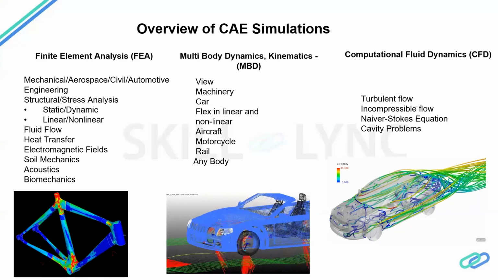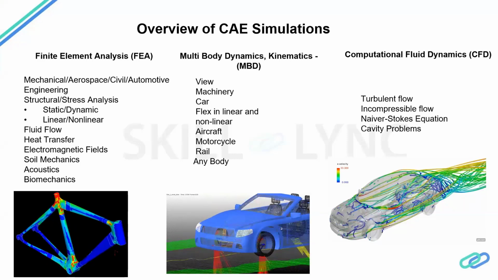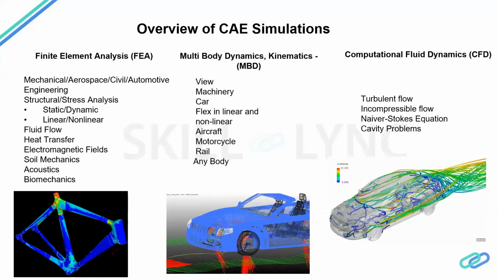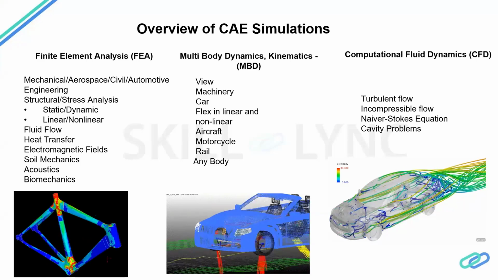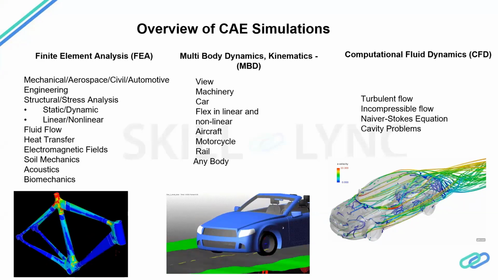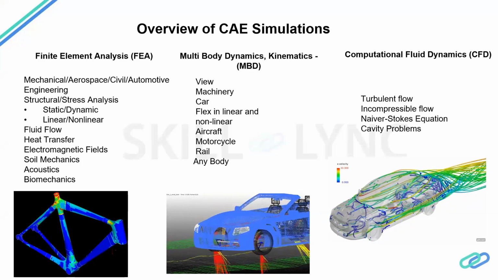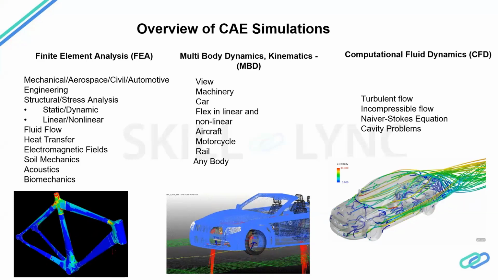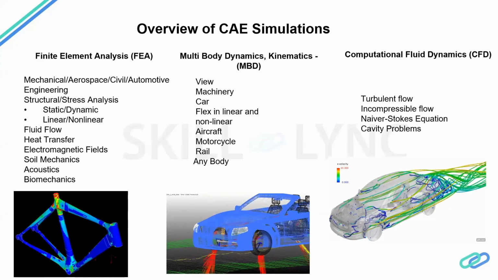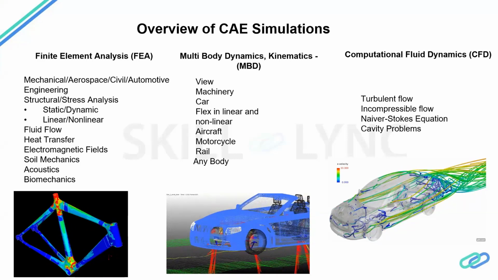So you have machinery, which specifically deals with machining tools or machining objects. And then you have car. This domain specifically deals with the automotive sector, and most specifically with four-wheelers. And then you have aircraft, which specifically deals only with aircraft.